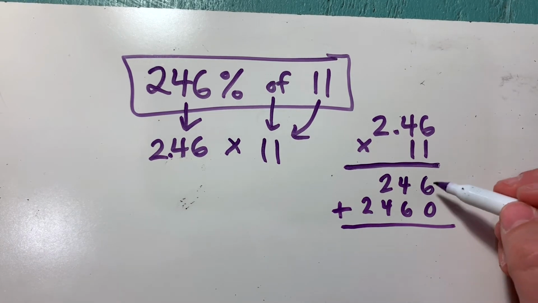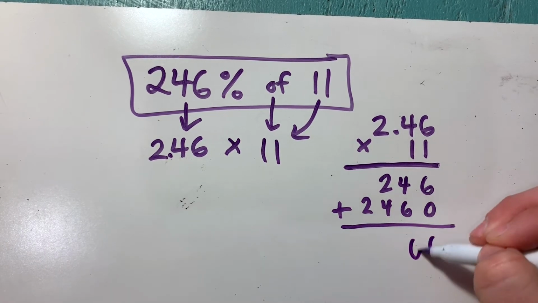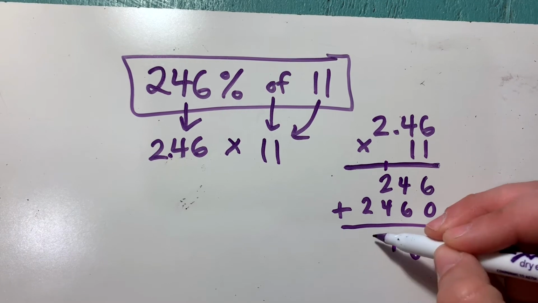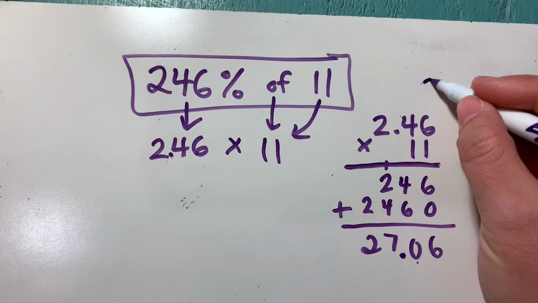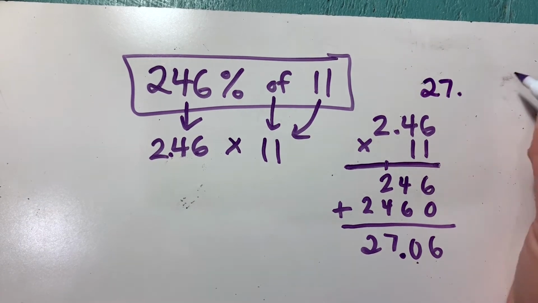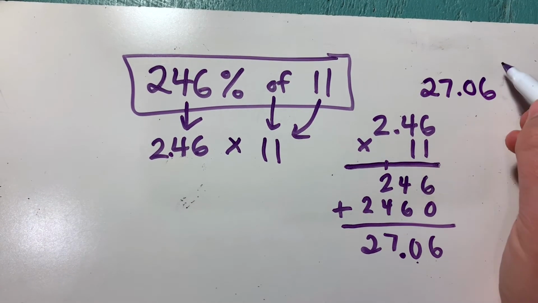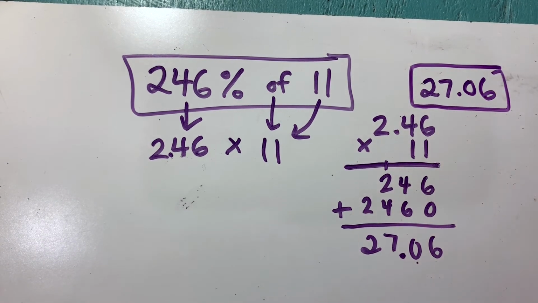So I'm going to add 6, 10, 7. Okay, so my decimal is going to come 1, 2, 1, 2. There we go. So 246% of 11 is 27.06.